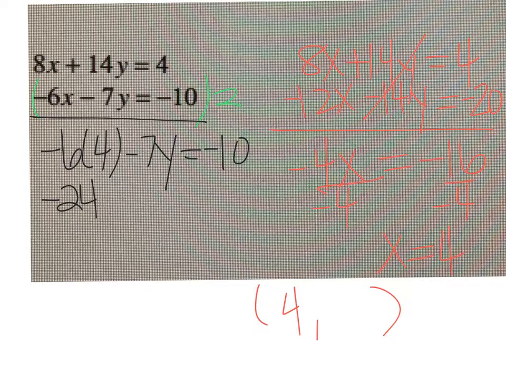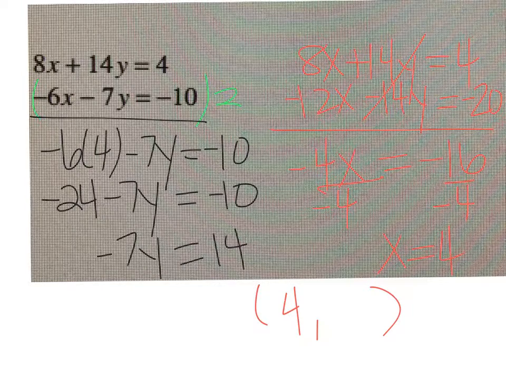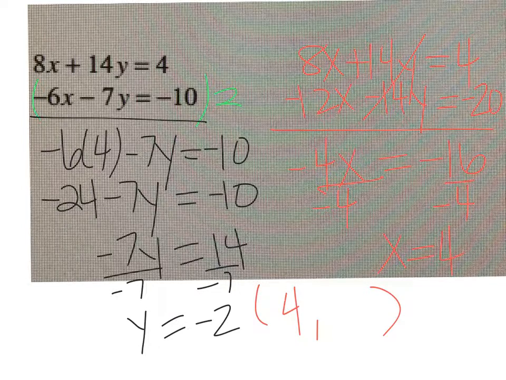So I have negative 24 minus 7y equals negative 10. Add that 24 over, and I get negative 7y equals positive 14, which when I divide by negative 7, I find that y has a value of negative 2. So the solution for this would be 4 comma negative 2.